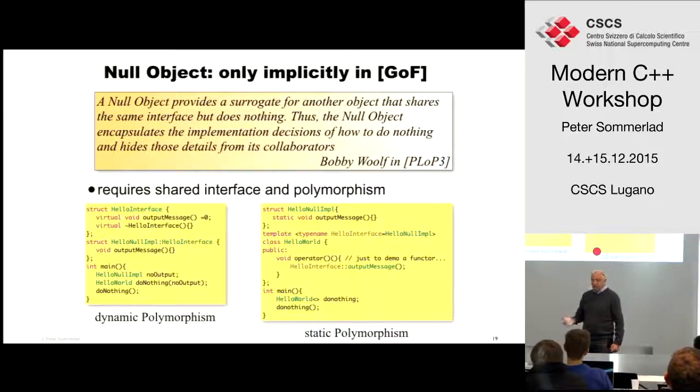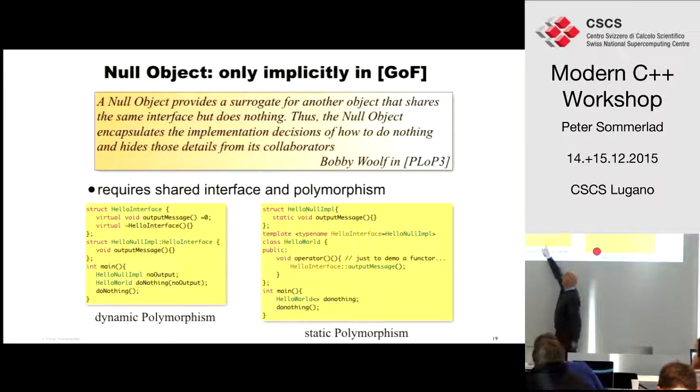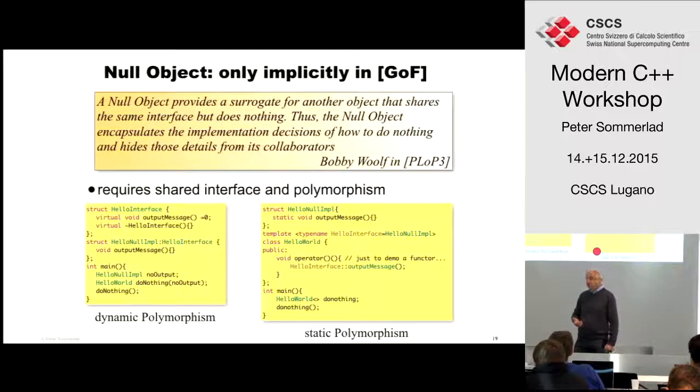If we use that, we can still pass it as an argument to our hello world object at runtime, and it will do nothing instead of outputting something on the standard output. It's another implementation of our hello interface strategy object.